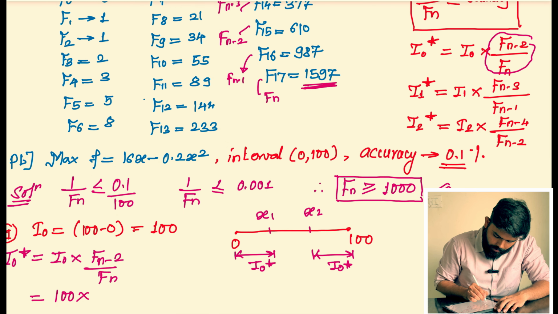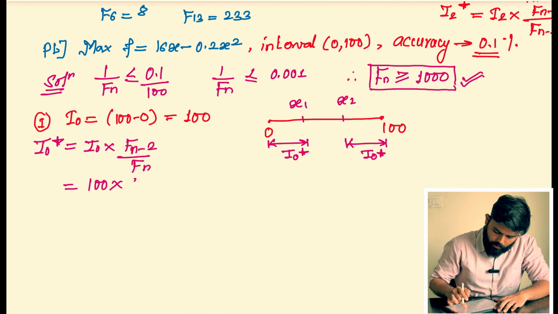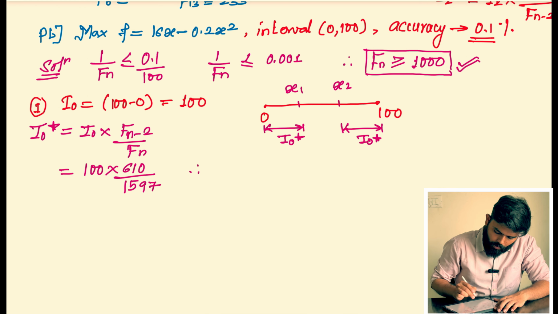So I0 is 100 into Fn minus 2, which is 610, and Fn, which is 1597. So 610 divided by 1597. We can solve it.